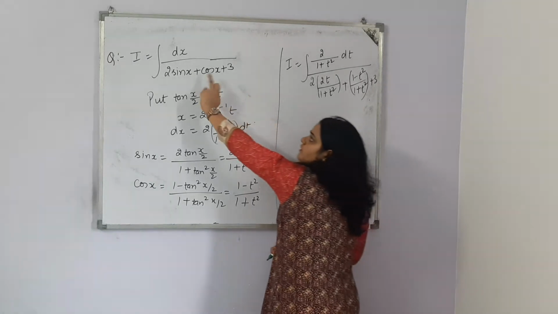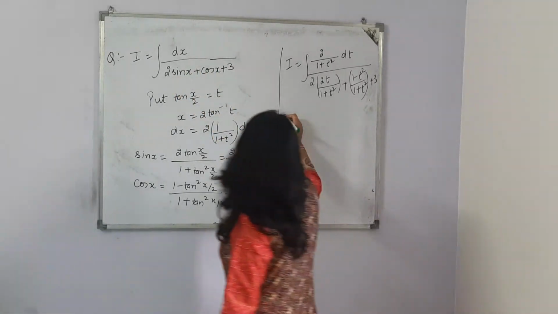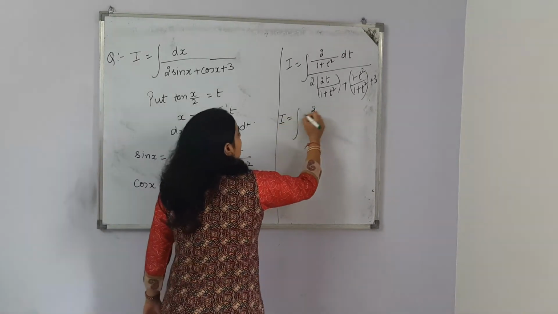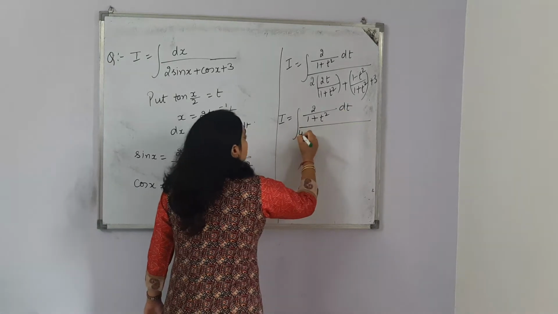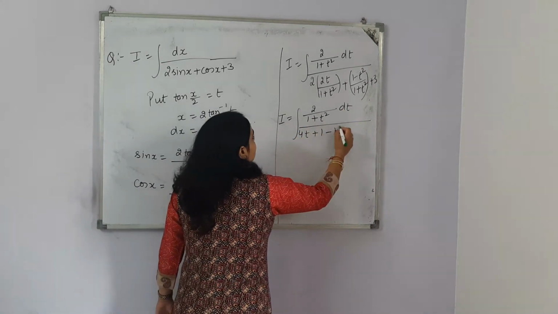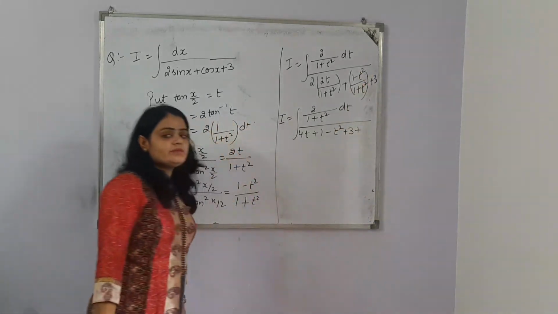So I substituted all the values of dx, sin x and cos x, and now we'll have to take the LCM. 2 upon 1 plus t square dt whole upon 4t plus 1 minus t square plus 3. After taking LCM we'll get 1 plus t square multiplied by 3.